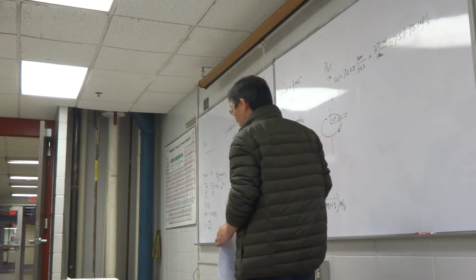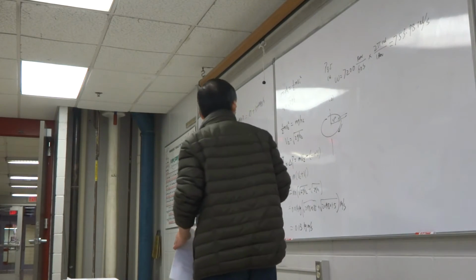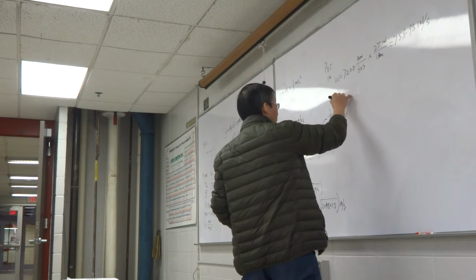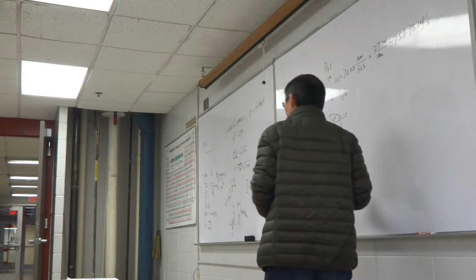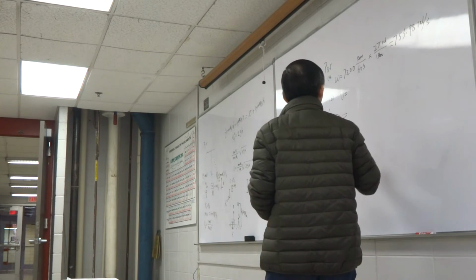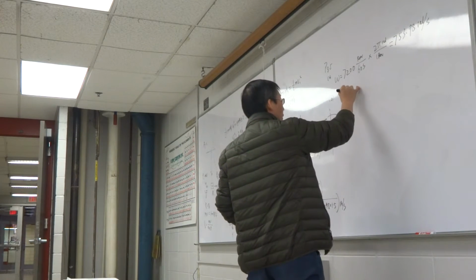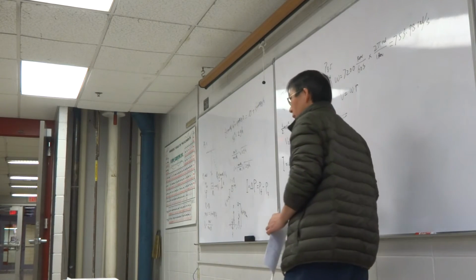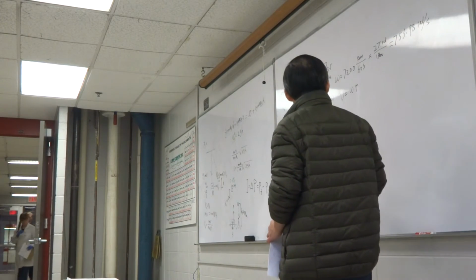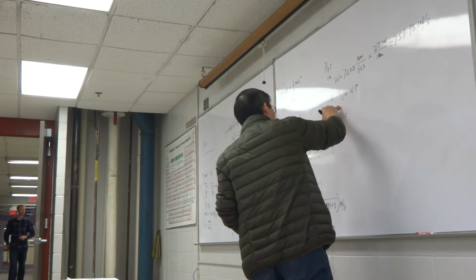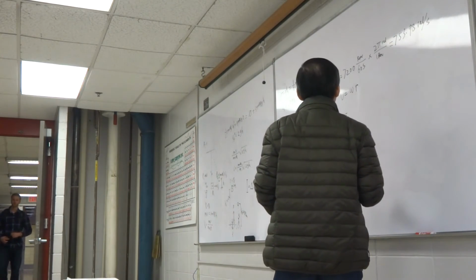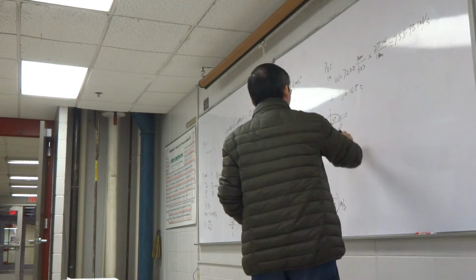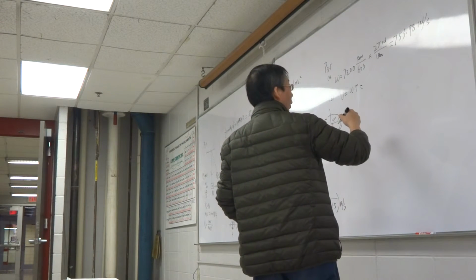So that is the relation between the linear speed and the angular speed. Linear speed equals the angular speed times the radius of that point to the rotating center. In this case, the radius is 3 centimeters. So we can calculate the linear speed at that point.